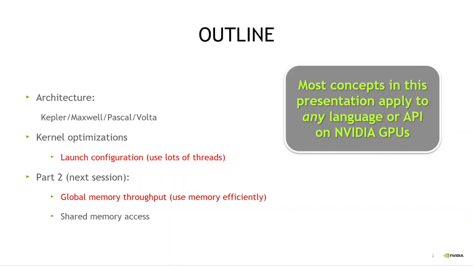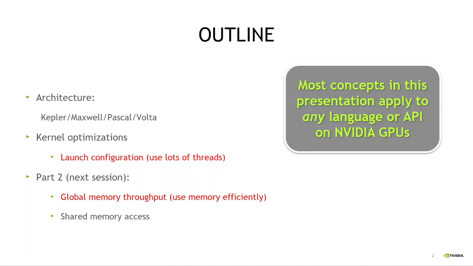It doesn't vary that much between Kepler, Maxwell, Pascal, and Volta. So the differences in architecture aren't terribly important, but we will also be talking about the architecture from the standpoint of operation. How does the machine operate? That will be the second half of our architectural discussion, and we'll need that to set up a very clear understanding of why it's important to have lots of threads.